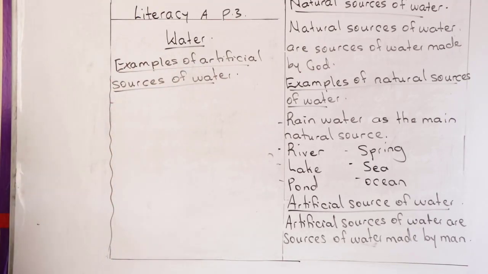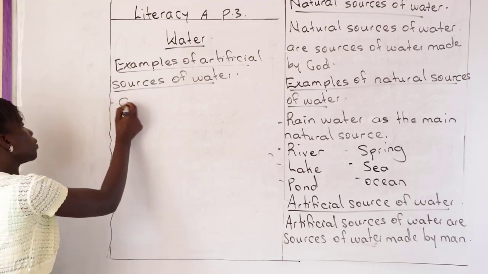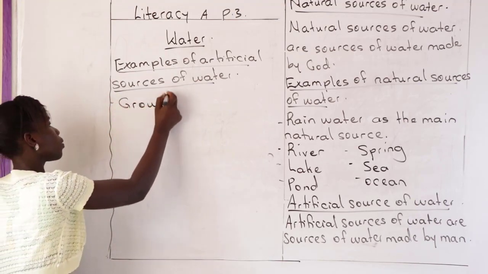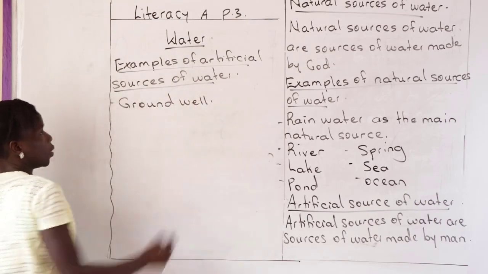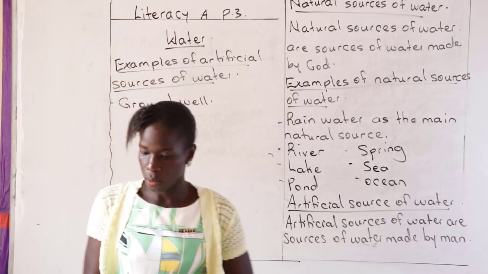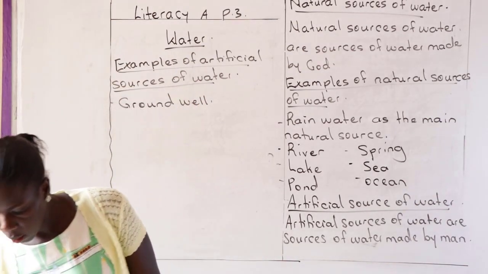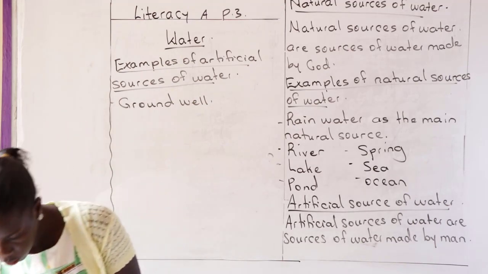We have the first one, which is called the ground well. That is the groundwater. So we have the well, which is called the groundwater.